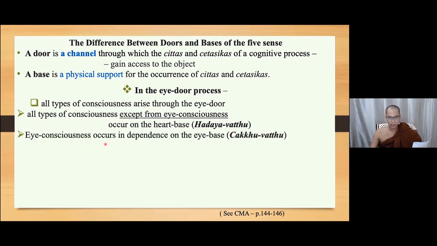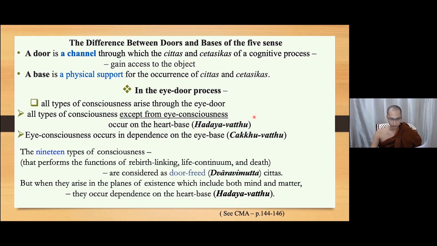But the eye consciousness occurs dependent on the eye base. So the bases are different within one process, but the door is the same. This is the difference between the use of door and the use of base for the citta and cetasika.